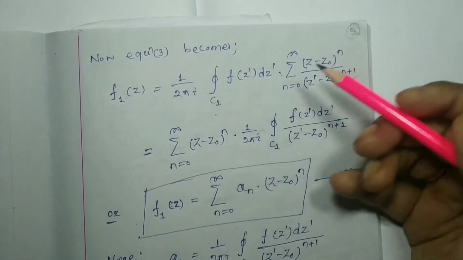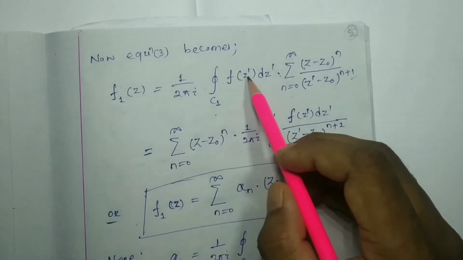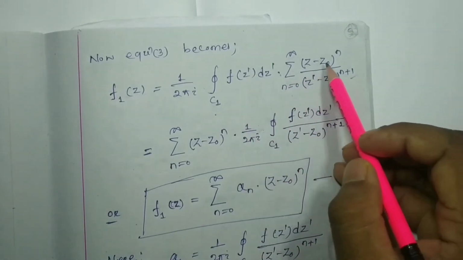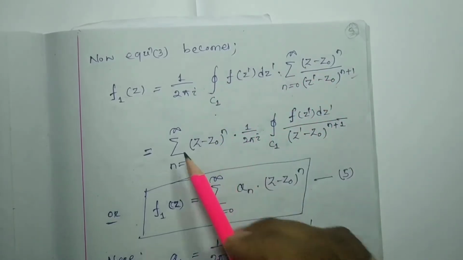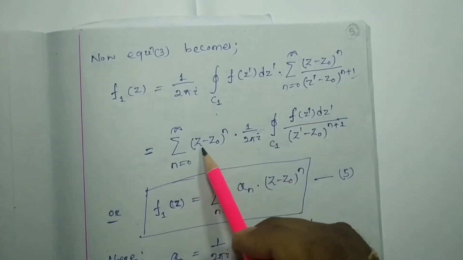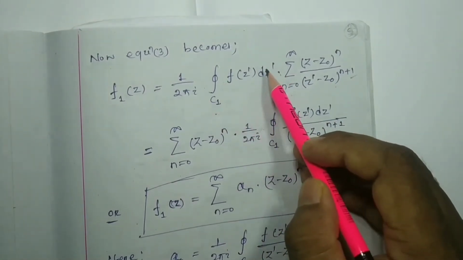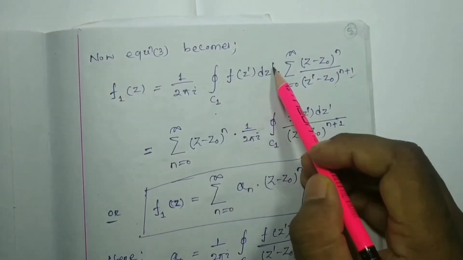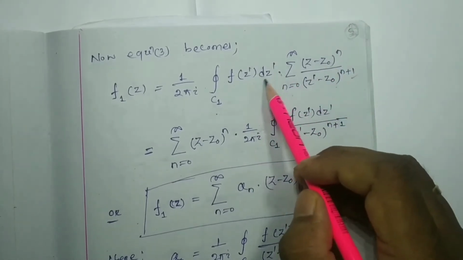Here the function belongs to z' only. So z and z0 both are constant and can be taken outside. The integration is with respect to z' only, and z minus z0 is a constant for the integration.